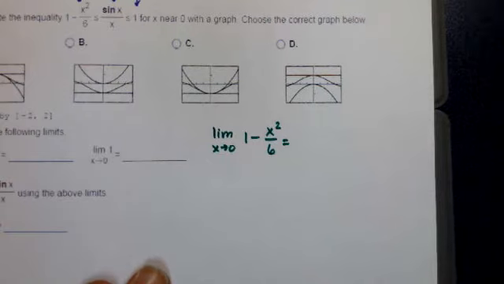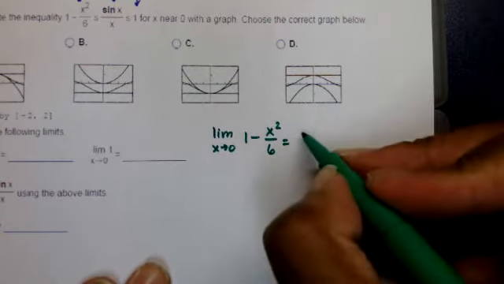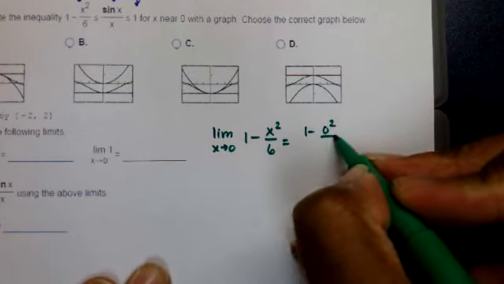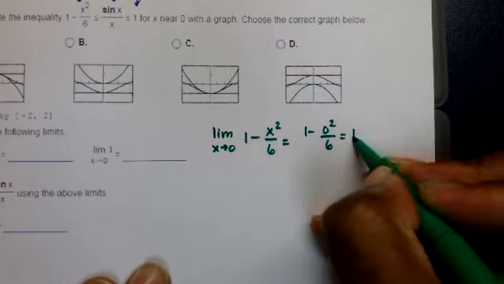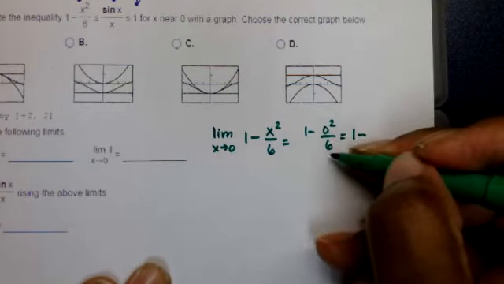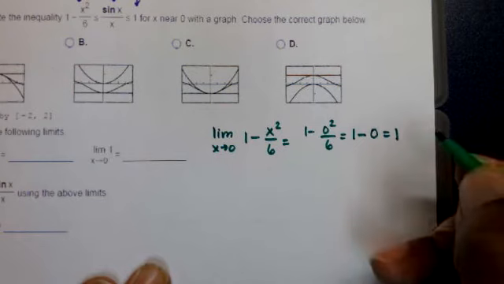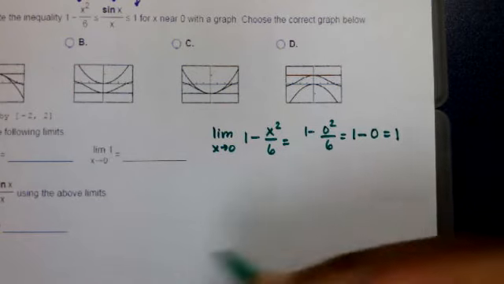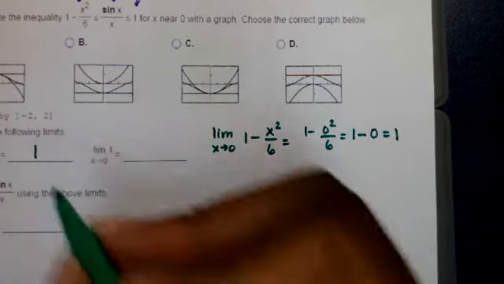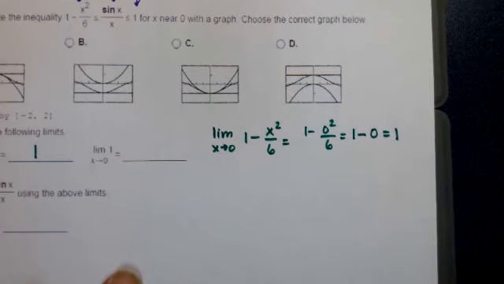Just directly substitute your x with 0. So this will be 1 minus 0 squared over 6. 0 squared is 0, divided by 6 is 0. 1 minus 0 is 1. So the limit as x approaches 0 of 1 minus x squared over 6 would be 1.